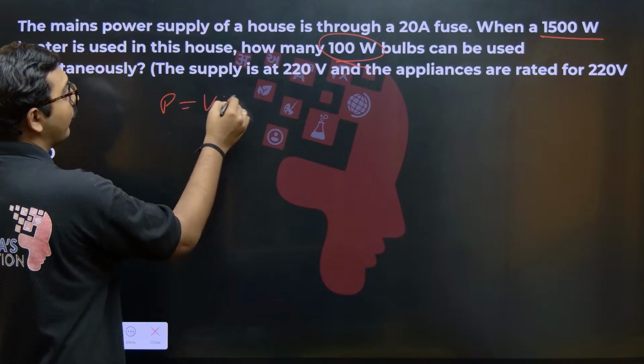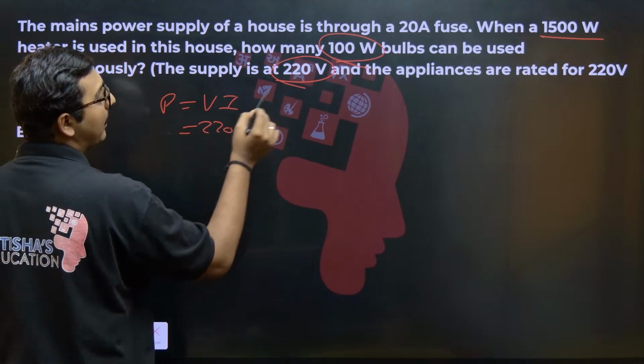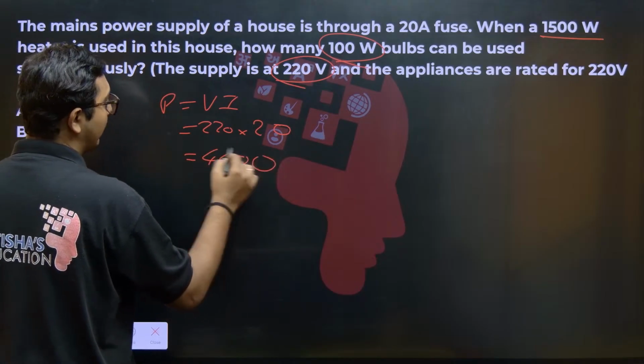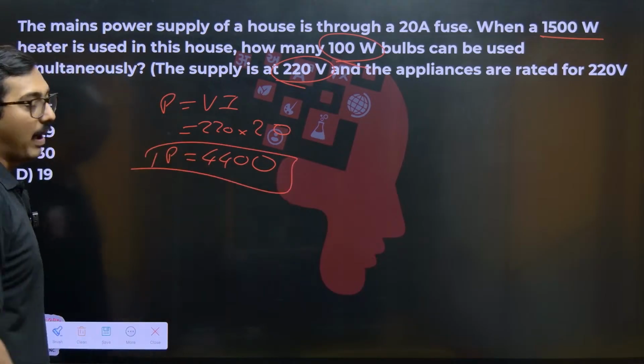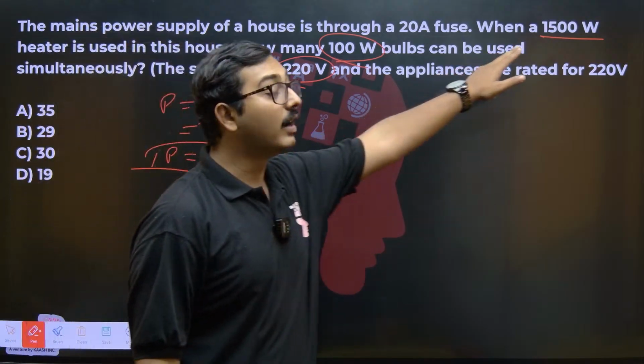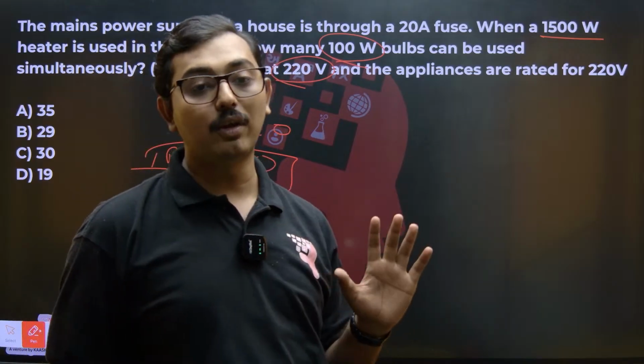P is equal to VI. Your voltage is 220 multiplied by your current 20, which is equal to 4400. Your power is 4400. Among these 4400, 1500 is fixed. 1500 is going to be consumed by your heater.